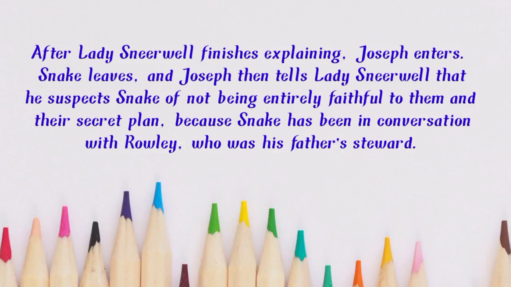After Lady Sneerwell finishes explaining, Joseph enters. Snake leaves, and Joseph then tells Lady Sneerwell that he suspects Snake of not being entirely faithful to them and their secret plan because Snake has been in conversation with Rowley, who was his father's steward.